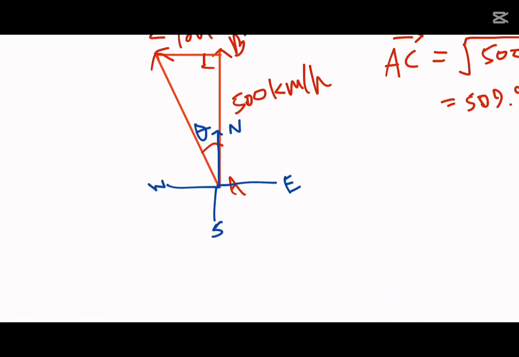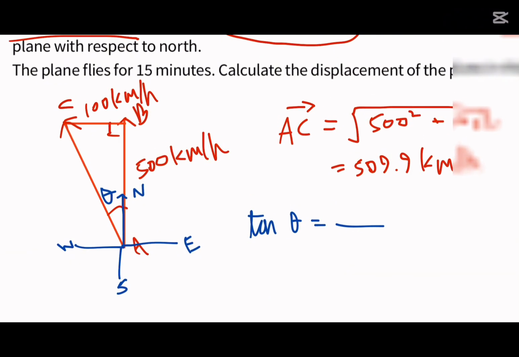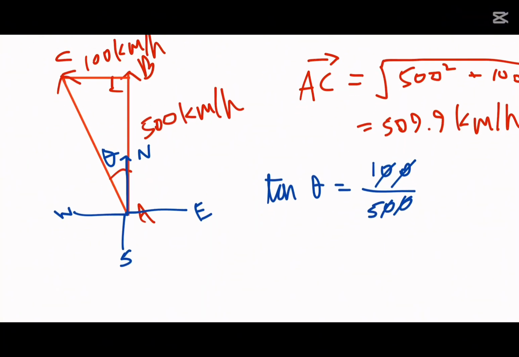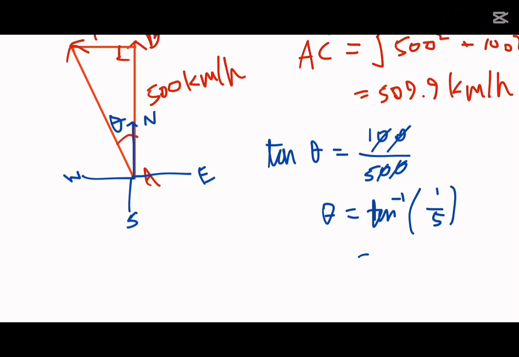Tangent theta equals the opposite length divided by the adjacent length. So theta will be tangent inverse of 1/5. If I put that into a calculator, you get 11.3 degrees.